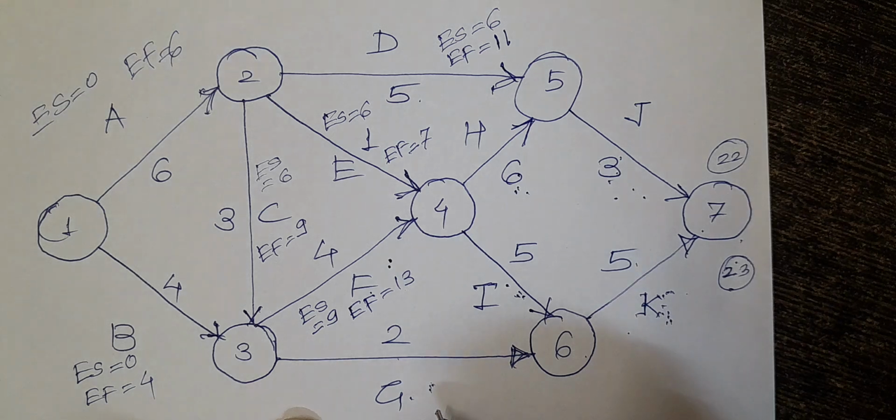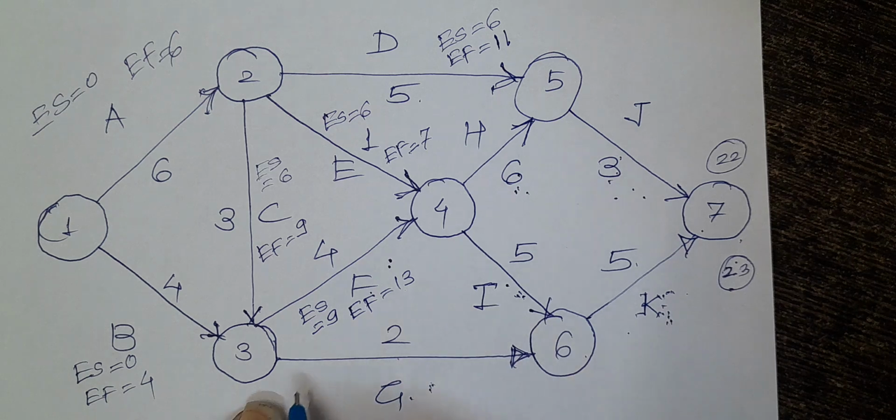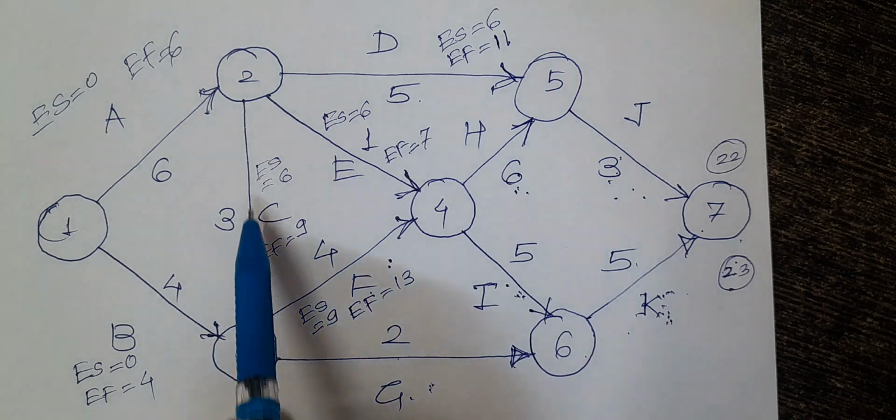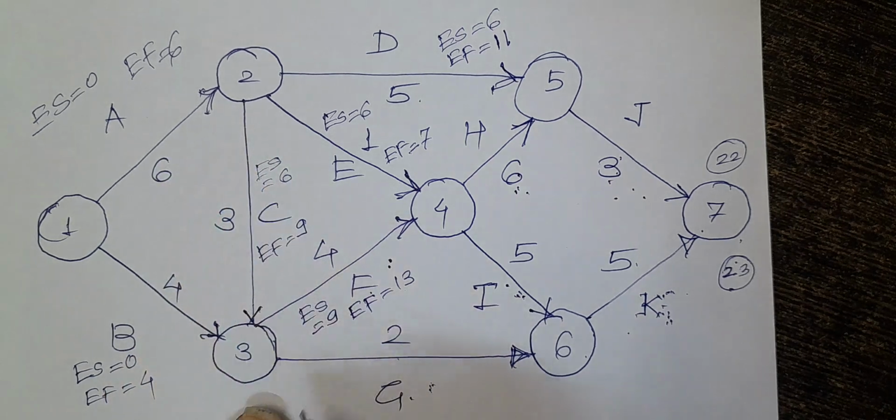Similarly, for G, there are again two predecessors, so we have to take the highest time. Again, the earliest start is 9, and the earliest finish is 9 plus 2, which is 11.